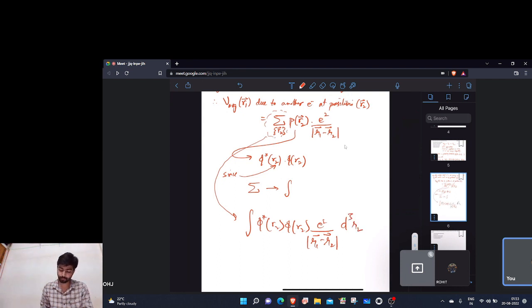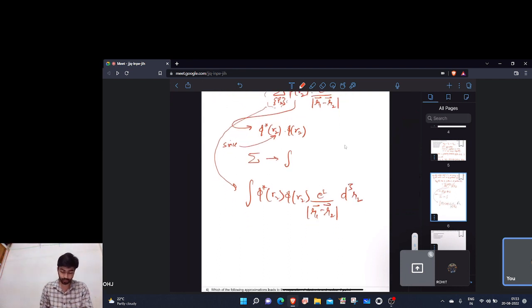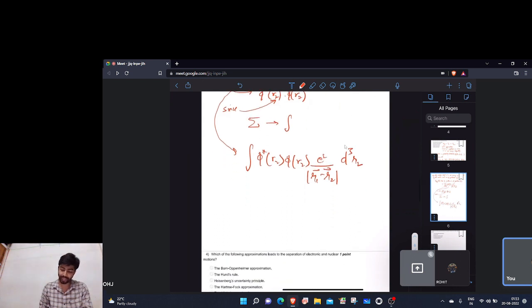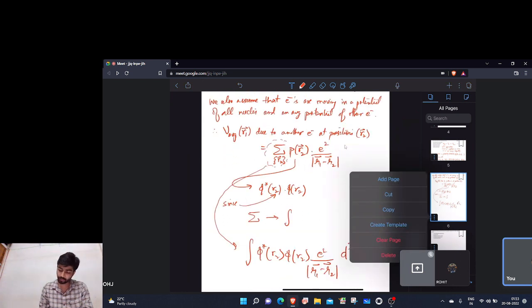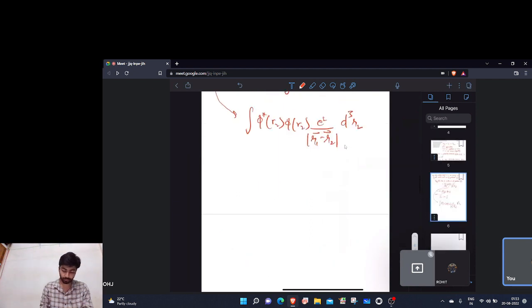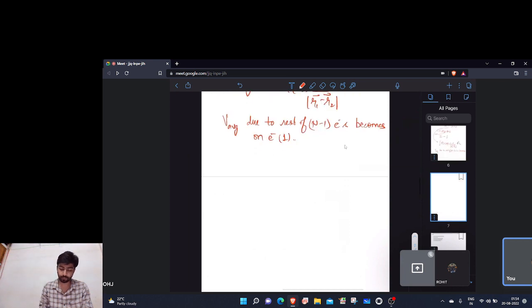d cube R2. Fine. Now if we extend this analogy, the average potential due to the other n minus 1 electrons in the system becomes V average due to the rest of the n minus 1 electrons, and this V average of the rest of the electrons is acting on electron number 1 that we are considering.